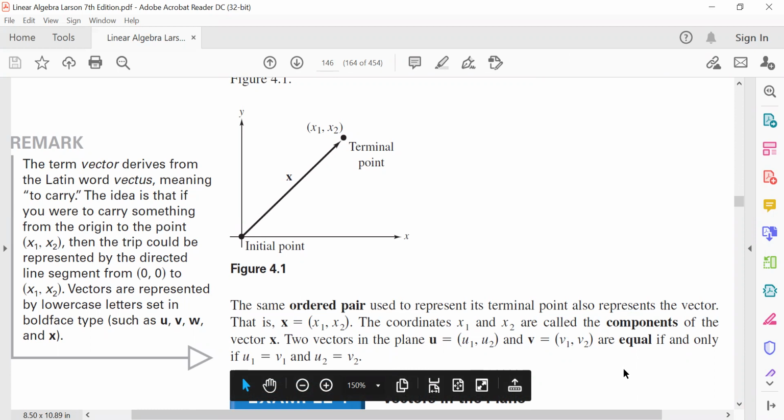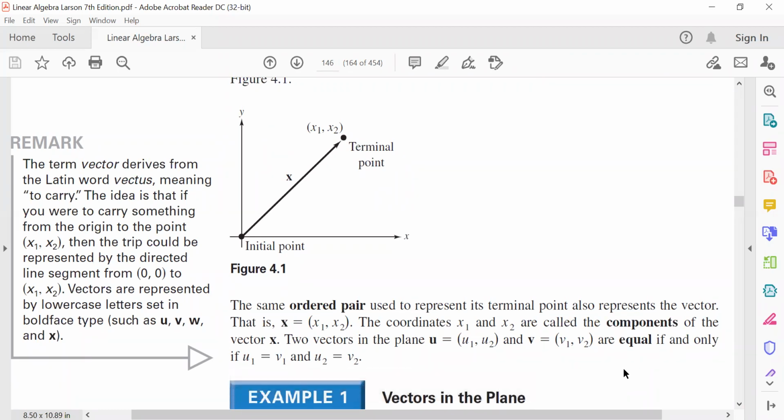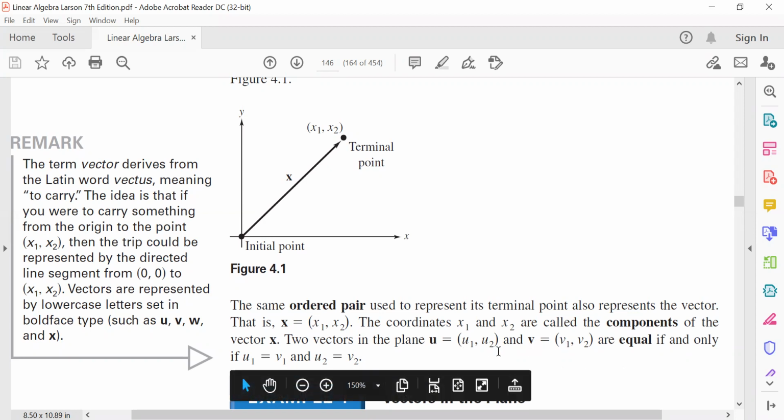Similar, by the way, to two matrices being equal if and only if the entries are all equal, and not just equal but analogous, meaning u1 equals v1, u2 equals v2. I can't have u1 equal v2 and I can't switch them.